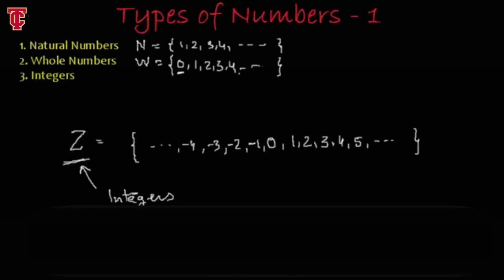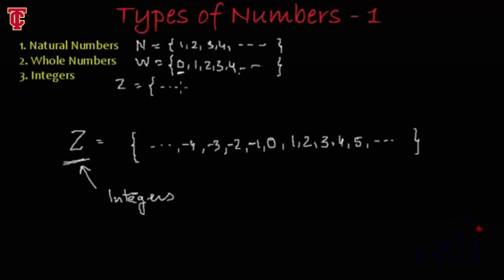This all has to do with how we use numbers to describe either equations or the world around us. So I can say Z equals, and I could put in the set of all my numbers from 0 going positive to infinity, then going negative to infinity.